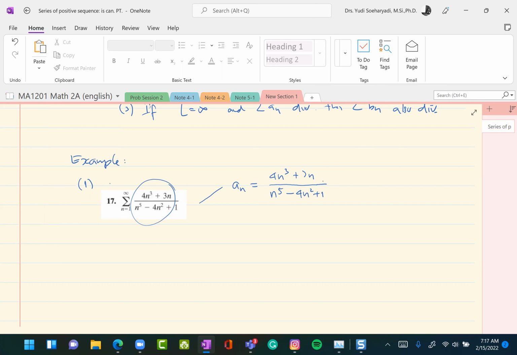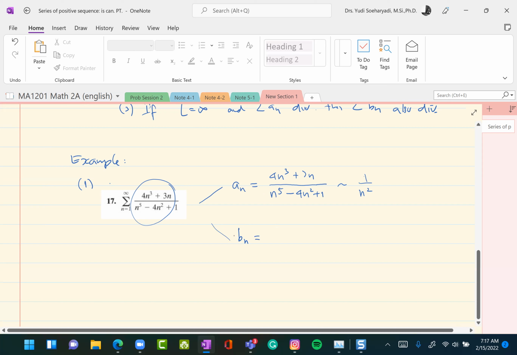For a polynomial over polynomial, a rational function like this, that's easy, because the top is cubic and the bottom is a quintic, power of 5. So this should be something like 1 over n squared. So this is what we compare to.